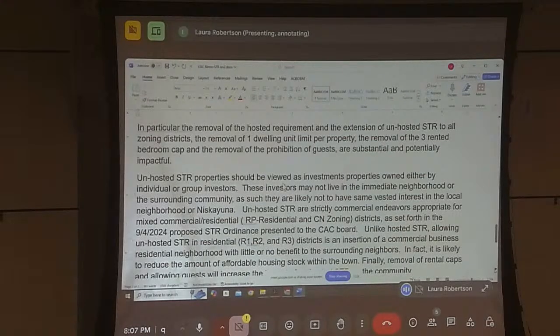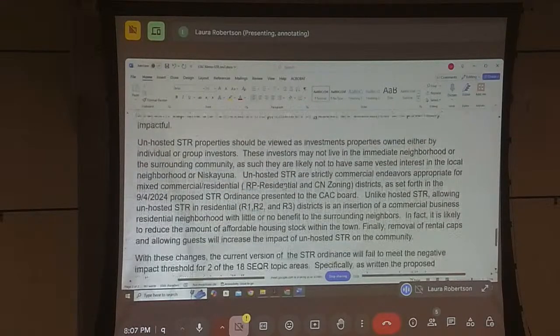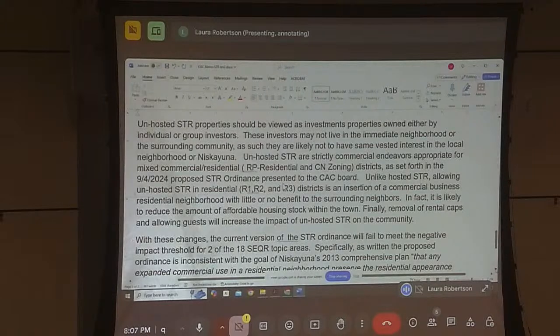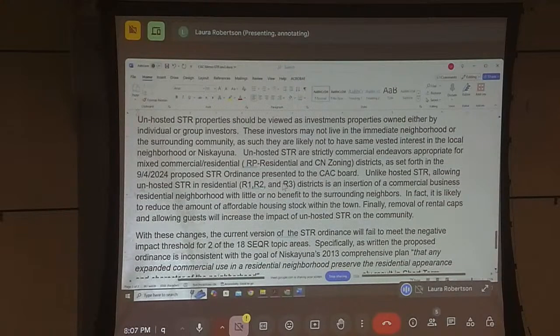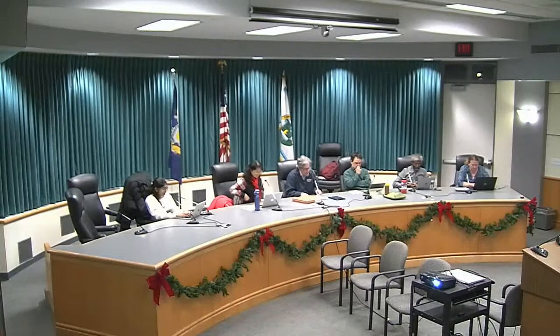potentially impactful. So essentially, what this part of the letter is saying is we went through the entire review process. We found key points that basically minimize the impact of short-term rentals on neighborhoods. We went through the whole SEQR process, and we came to the conclusion that there was really a negative dec. But in addition, we did put some comments to further reduce what we thought might be some other minor impacts. Then it has come to our attention that this has changed.